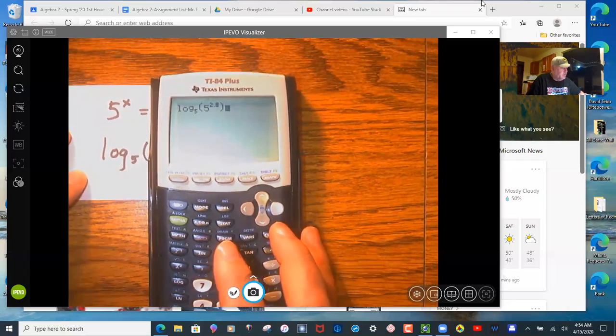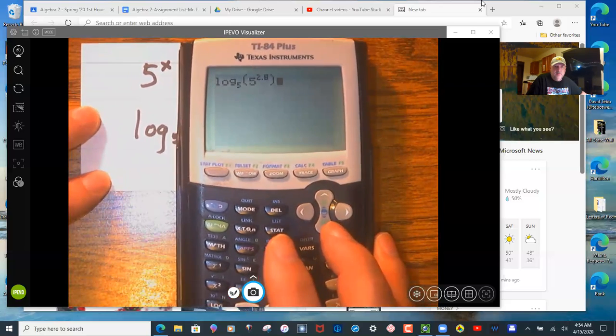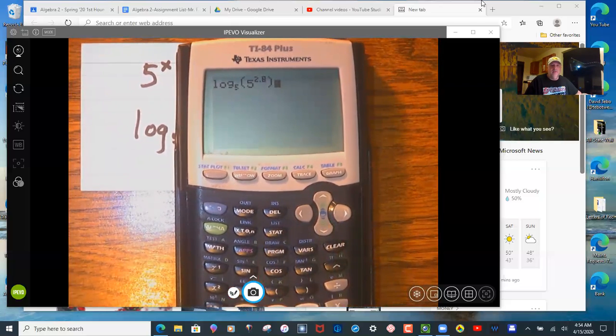Okay, so what I'm trying to demonstrate by letting x be 2.8 here is that it's going to pull that down in front, and then the log base 5 of 5 is 1. You see that idea? That's what's going on here.